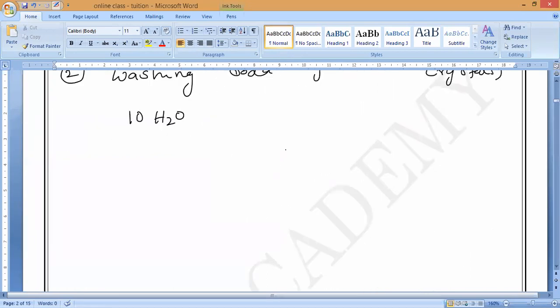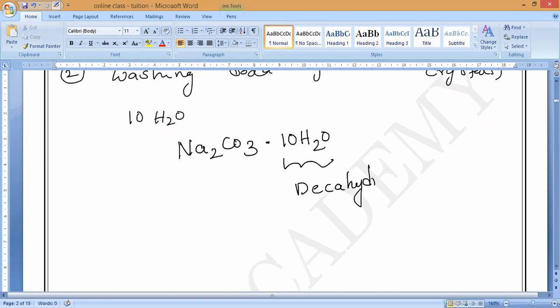So that is why I can write the washing soda formula: Na2CO3.10H2O. Here 10 is called decahydrate. Please all of you note it down.